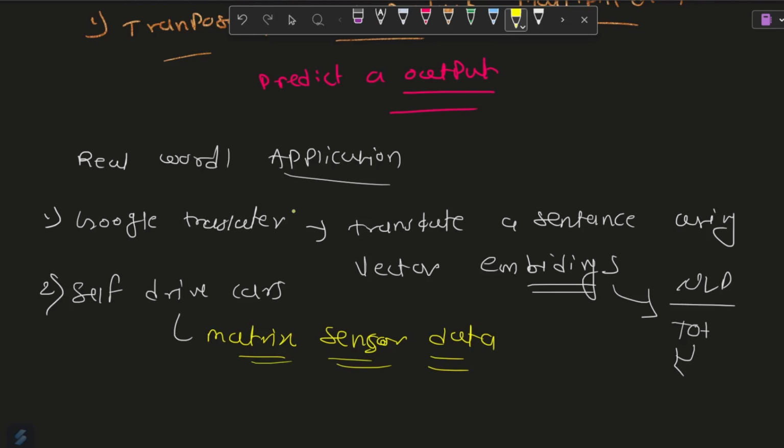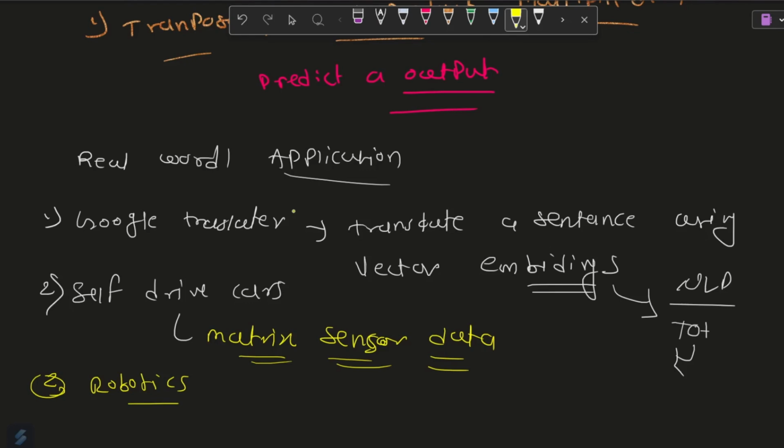Similarly, robotics is a best example. The third one is robotics. In today's world, many applications are based on robotics. In America and China, they create robots based on this type of data.